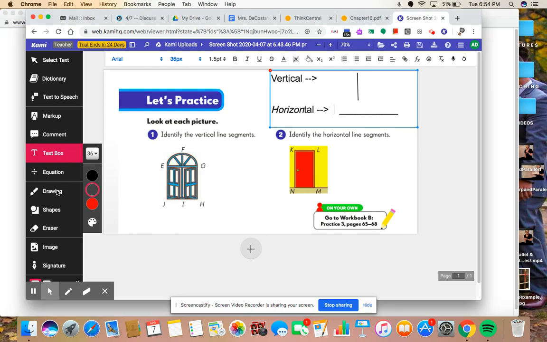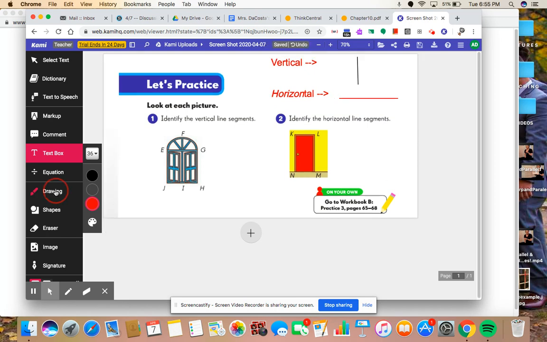Let me do red. I see that this line is going up and down. So what would we call that? It would be line EJ.